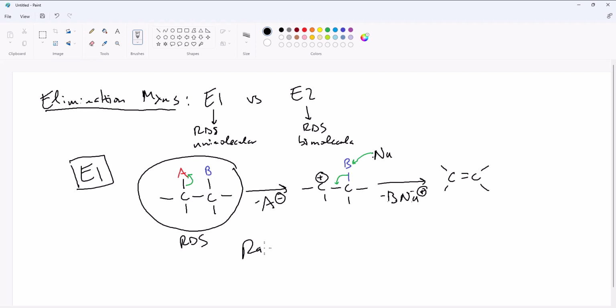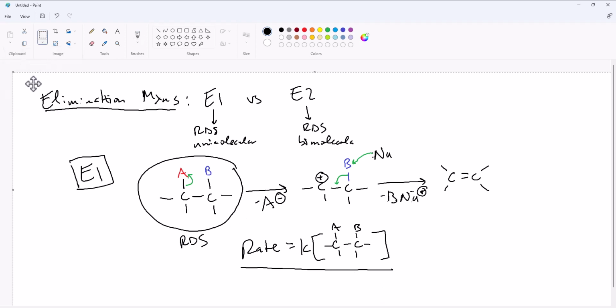So our rate is k times the concentration of the starting material, whatever this AB is, whatever the starting alkane is. And since it is only dependent on A leaving, this indicates a unimolecular rate law, where we go only based on the concentration of the starting material.